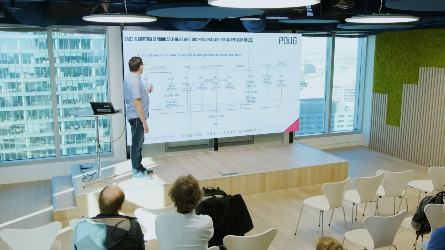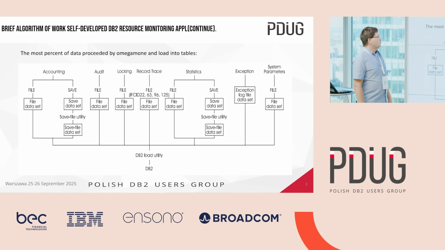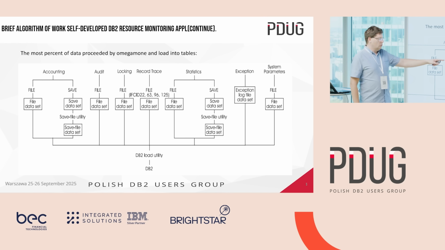Most of the data is processed by Omegamon and loaded into two tables. In this schema, I use the statistic trace with the save file utility. As a result, it generates a VSAM dataset.